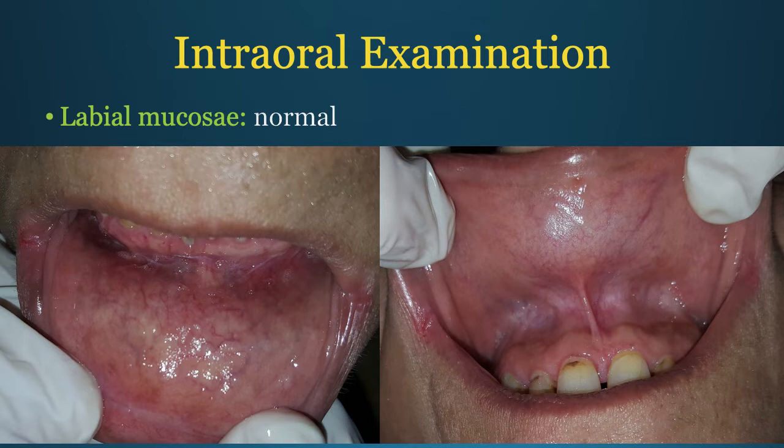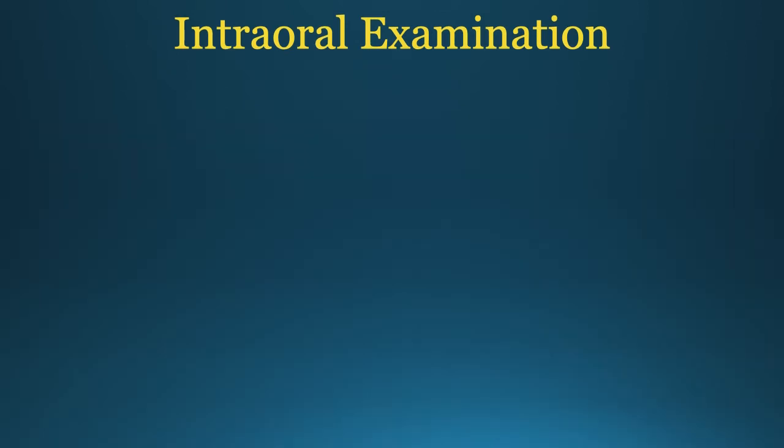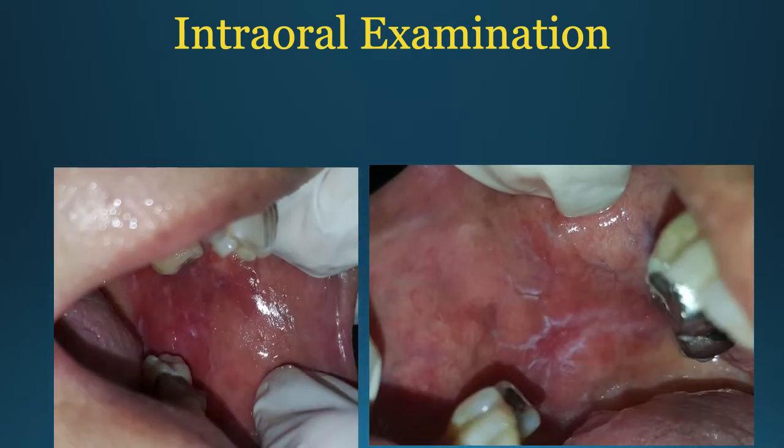The patient's labial mucosa was normal, upper and lower, and related to the buccal mucosa, actually we have a lesion on both right and left. This lesion was asymptomatic, and the patient wasn't complaining of it. That's the significance of examining the whole oral cavity.